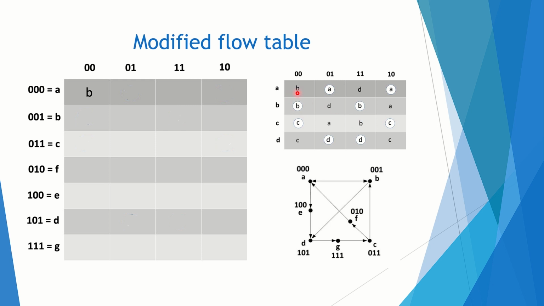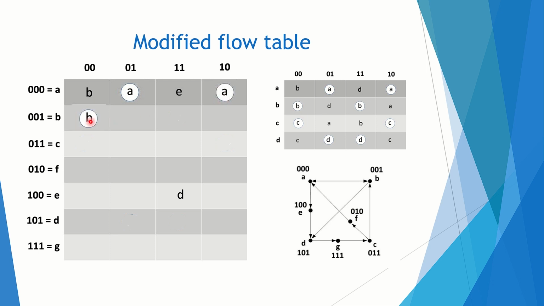So first is A to B, so that is not an issue. A to B, okay, and A to A, the stable state. A to D, and you can see here A to D is passing through E. So here we will be writing E, and then for E, for value 1, 1, it is D. So here it is D. And next, this state is A, stable state, no change for that.